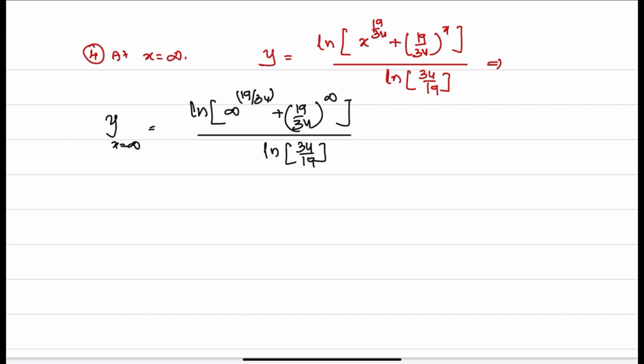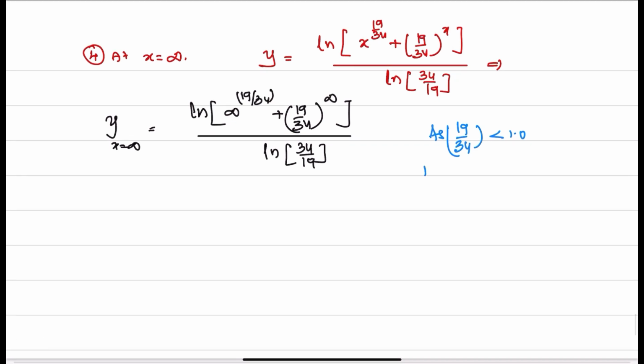As 19 by 34 is less than 1, less than unity, then 19 by 34 to the power of x, limit x tending to infinity, will become 0.